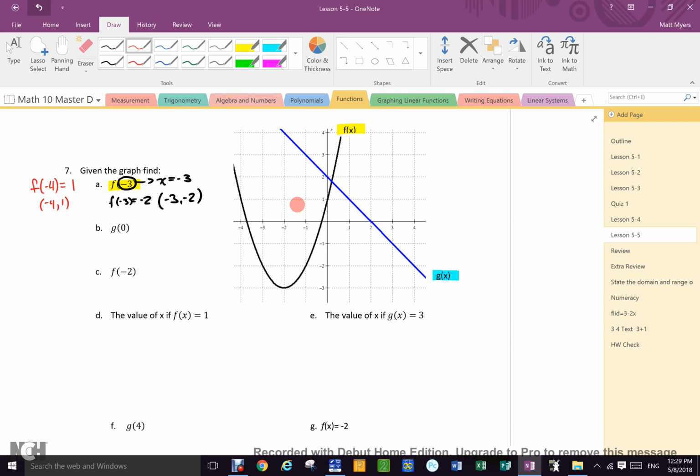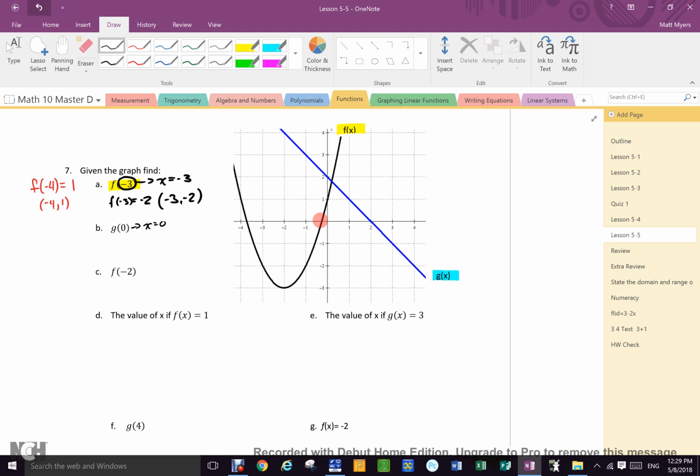It's G. So I'm looking at the G curve, which in this case happens to be a straight line. Is everybody good? Am I looking for an x or a y value there? An x value. X of 0. Where is x equals 0? Right there. But I don't want every x equals 0.